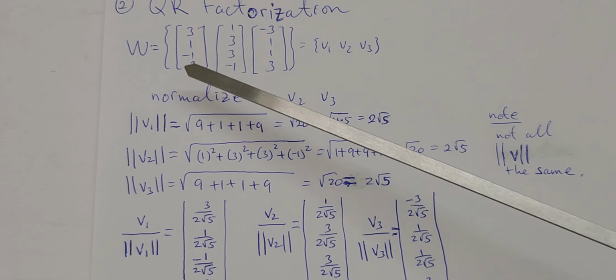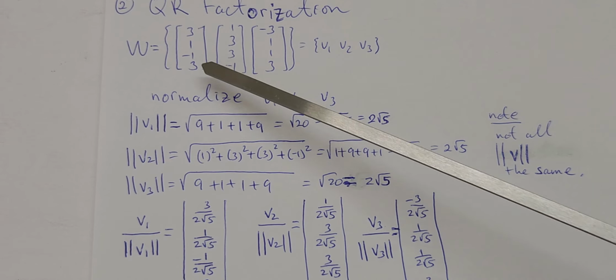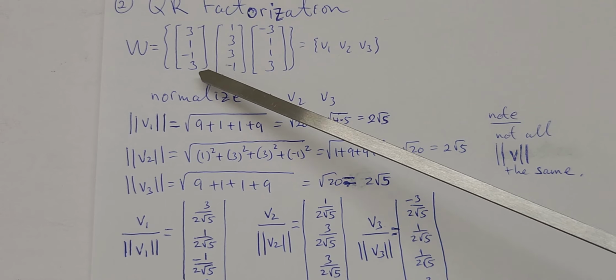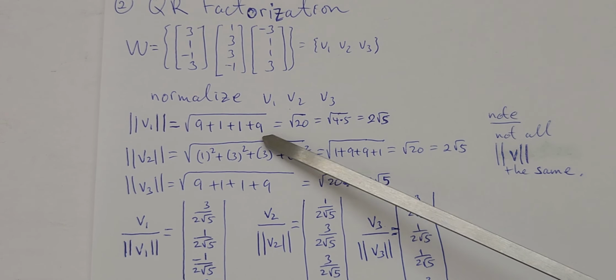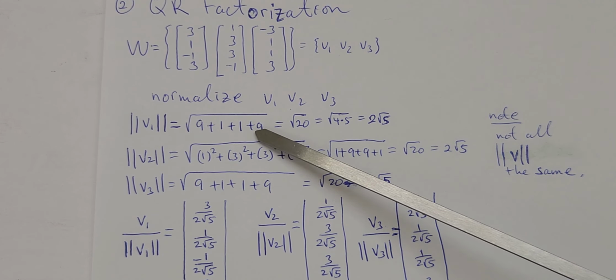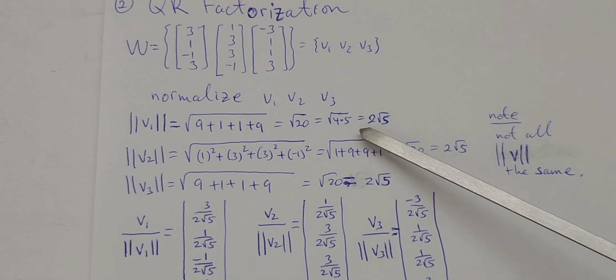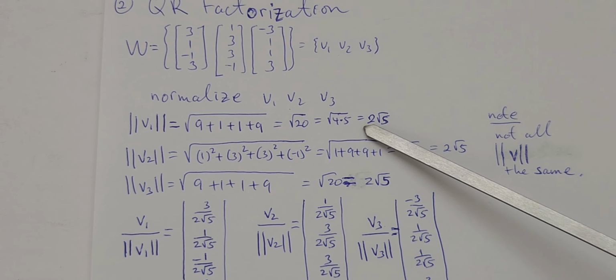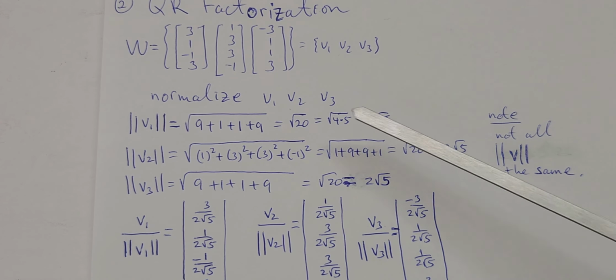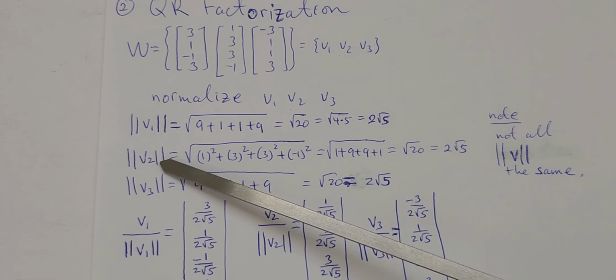So 3 squared gives me 9, 1 squared gives me 1, negative 1 squared gives me positive 1, 3 times 3 gives me 9. Pretty much you're just squaring these numbers, adding them all up, square rooting, and simplifying it down, so it comes out to be 2 square root 5. Same thing, find the magnitude of V2.